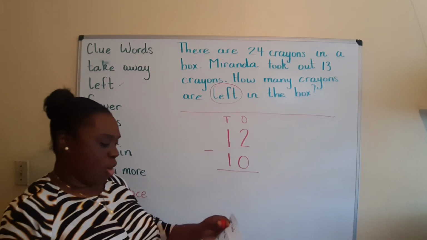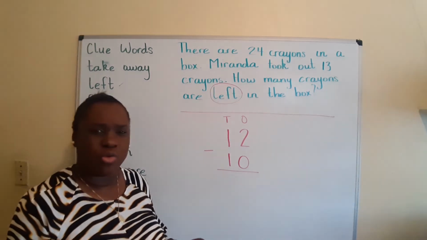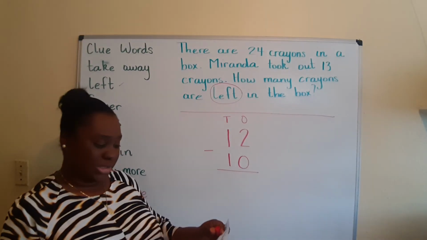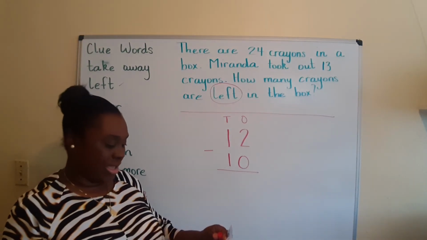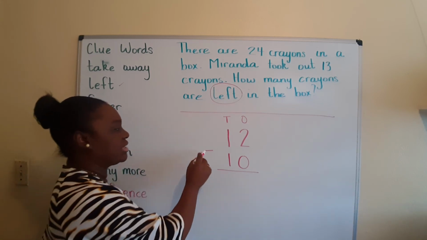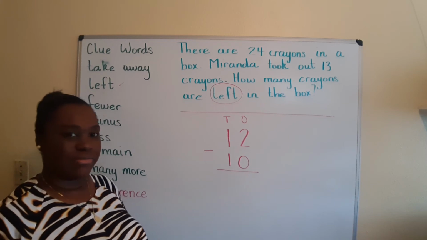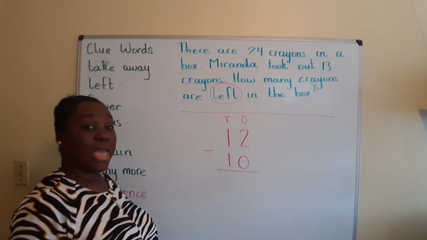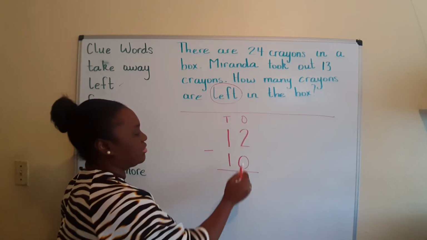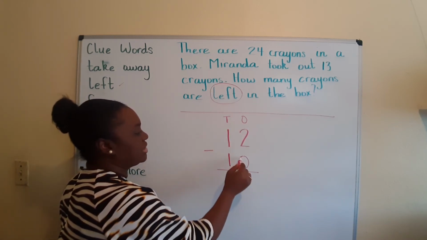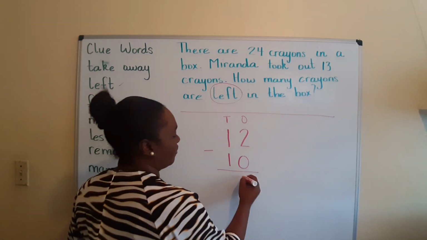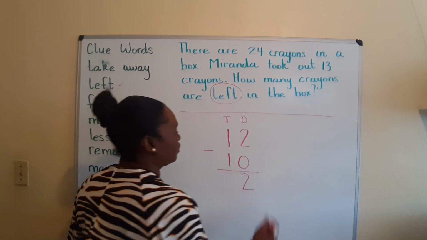Madison also used one of our clue words for subtraction. Can you tell me how many cupcakes remain? Yes, remain tells us to subtract. So let's subtract. We start with our ones place. 2 take away 0 is equal to, very good, 2.